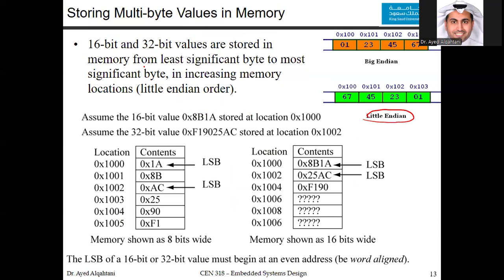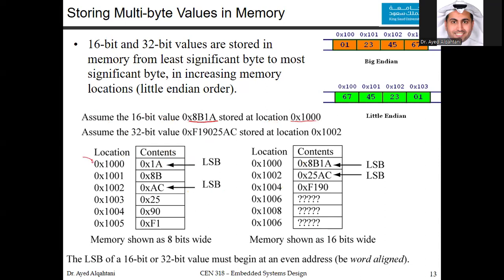So if you have a 16-bit value or a 32-bit value stored in the memory, we store them in little endian order. Here are some examples. Let's say that you have a 16-bit value, which is this one, and you want to start saving at this location.